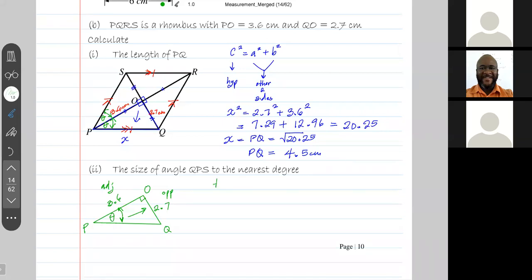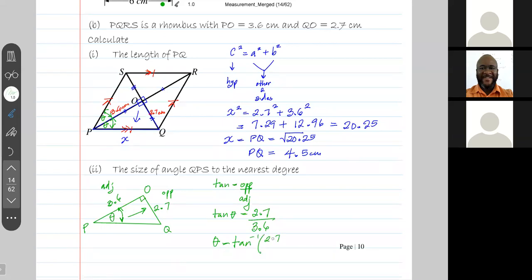So I'm going to say tan is equal to opposite over adjacent. Then the tangent of the angle theta is equal to opposite 2.7 over adjacent 3.6.